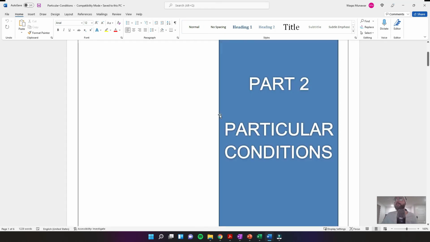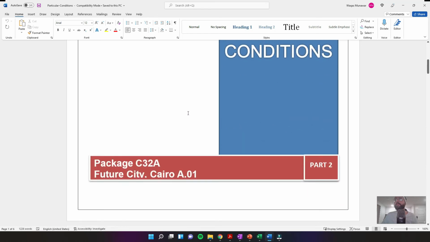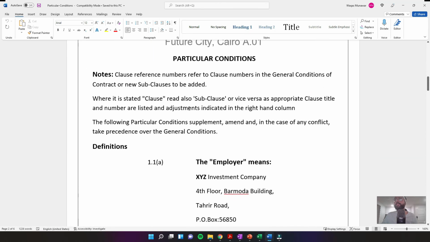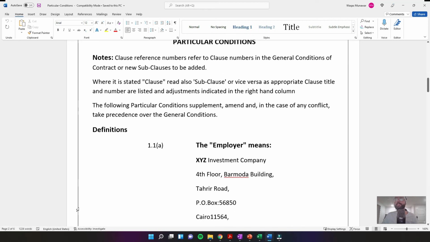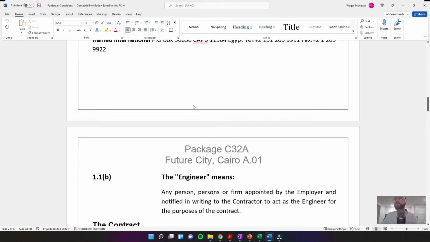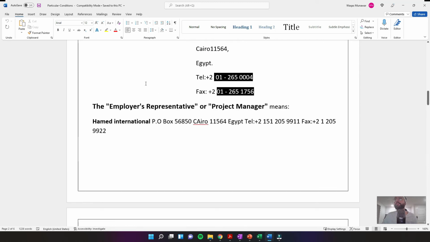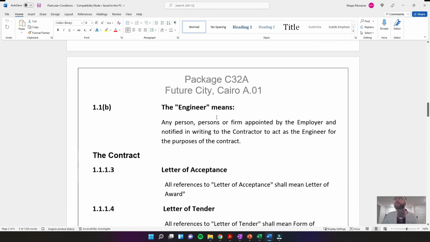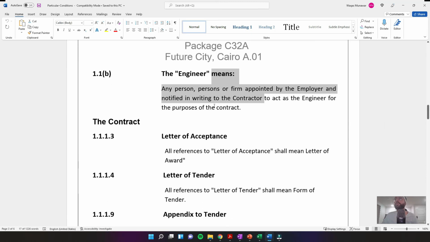All right, so here we are in the particular conditions, and as you can see, there are 6 pages. There are different clauses, in which the employer representative or project manager means blah blah blah. The engineer means blah blah blah. So which parties are termed what.